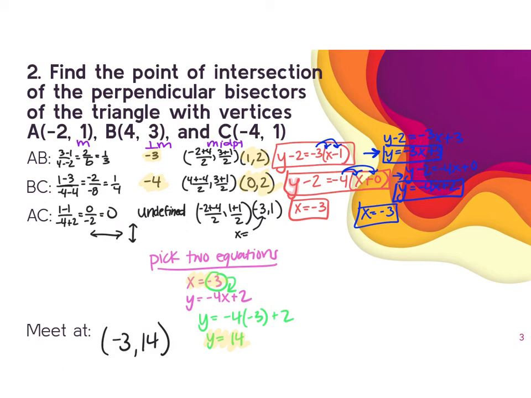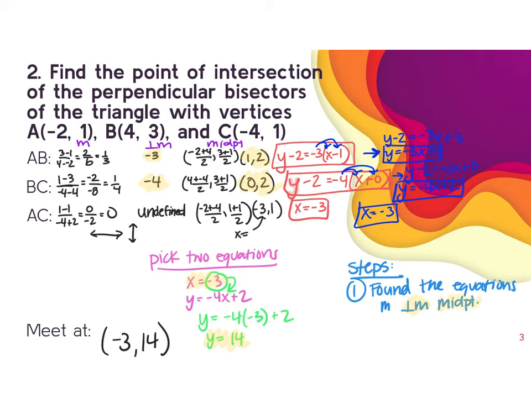So just to reiterate our steps here, the first thing that we did is we found the equations. Remember, we used the slope, the perpendicular slope, and then the midpoint. To write the equation, we use the perpendicular slope and the midpoint.